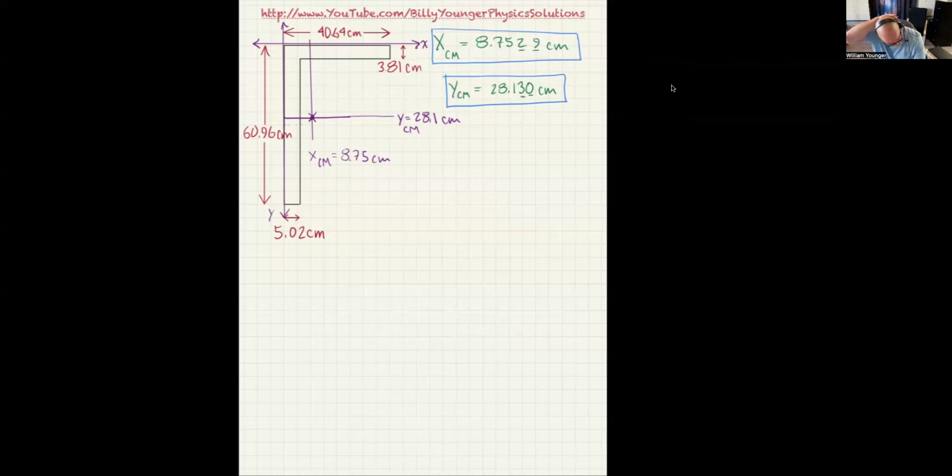Notice it's not necessarily part of the body. So what that means is if you, for instance, hung it from something, then that center of mass would orient itself directly below whatever you hung it from. So you could use a plumb bob to actually mark where that goes through, let's say two or three different spots on the framing square.